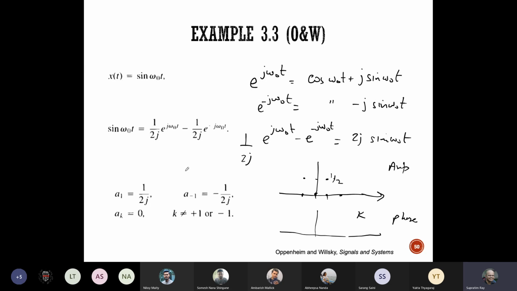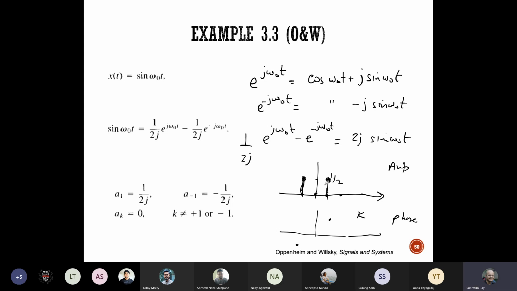For any real signal, as we will see later, the amplitude spectrum is symmetric and the phase spectrum is anti-symmetric. Whatever the phase is on this side, on that side it's just the opposite. Okay, so this was a trivial example. If I have a single sinusoid, then as you might imagine, it's represented in the Fourier space by just a single point, because that's all you've got.